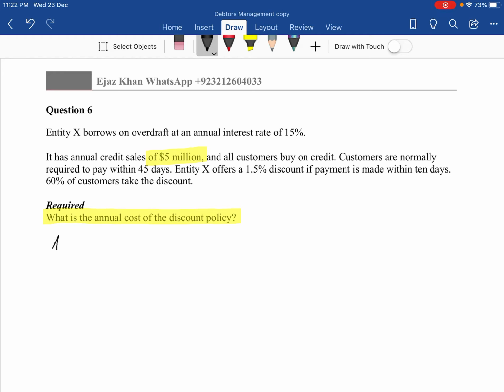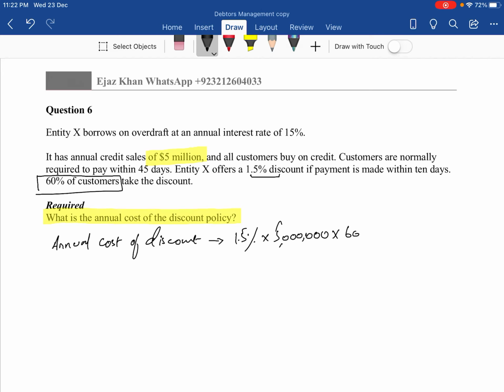So if it is just to be the annual cost of discount, then it's very simple. All we have to do is to take 1.5%, that is the discount percentage, multiply it with the sales figure, which is 5 million, and then take the percentage of the customers that are taking this discount, which is 60%, because only 60% will take the discount.